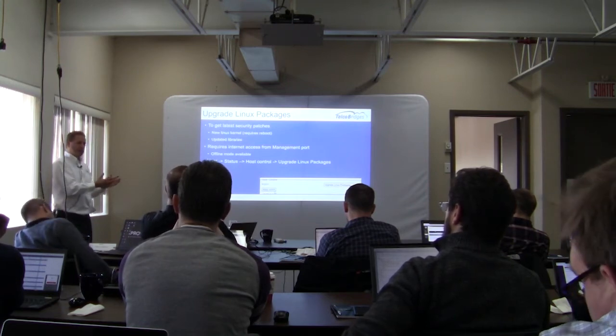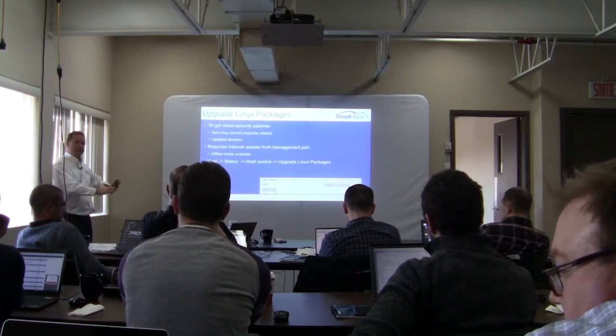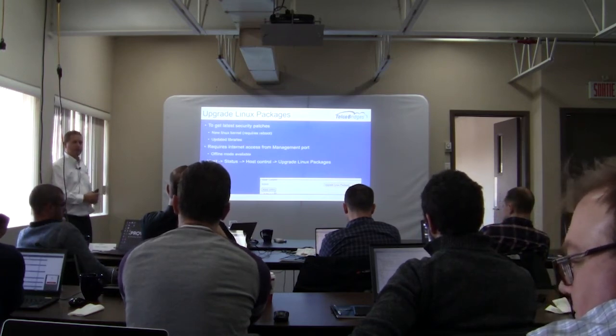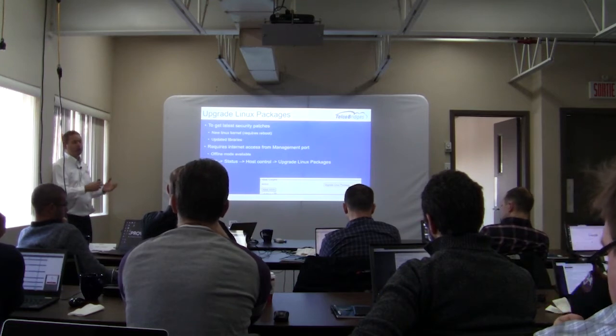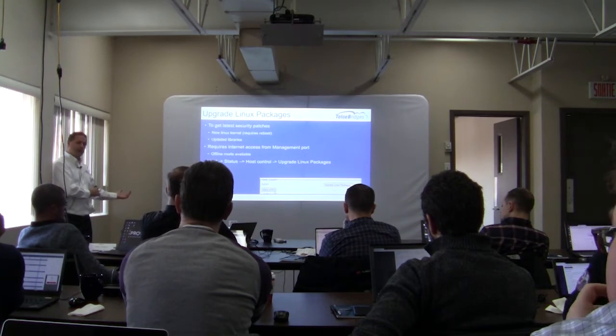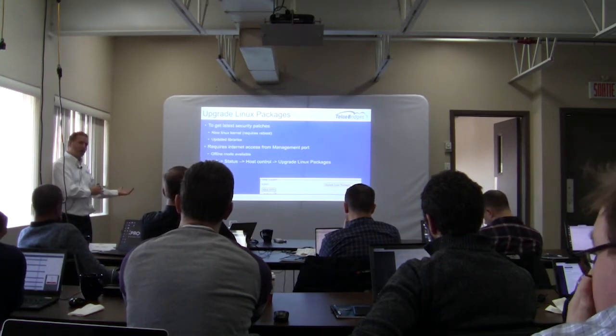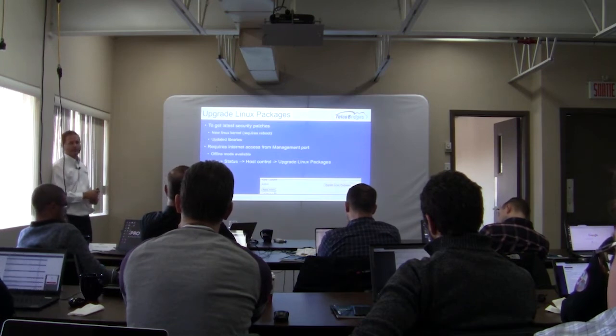But the SBC functions, the LAN 1 interfaces, these ones are protected. You don't need to have any other firewall for them. And if you don't want to have a firewall for the management port, then you can create a new management port on the SBC interfaces.